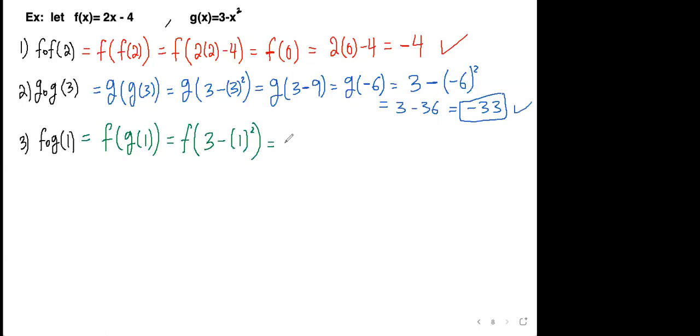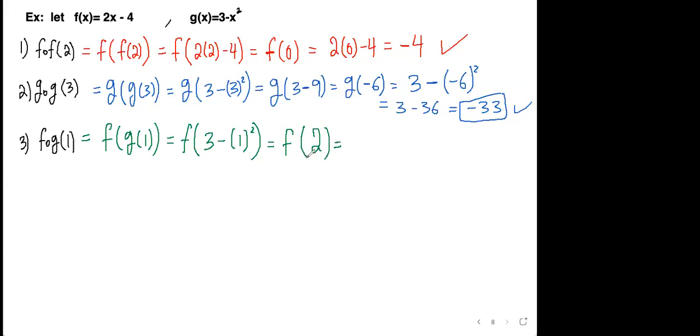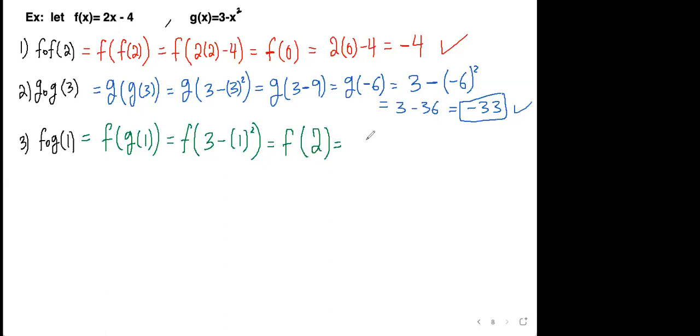What is that? That'll be f parentheses 3 minus 1. 3 minus 1 is equal to 2. And then you plug in 2 in f of x, the function f here. What are you going to get? 2 times 2 minus 4. 2 times what?